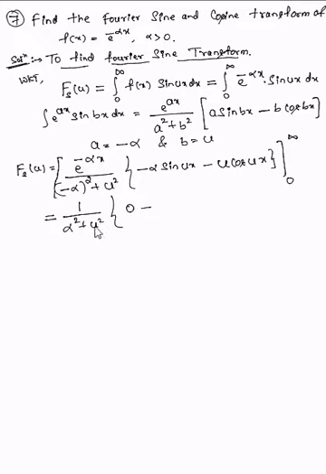Minus. Upper limit was 0 here. Now the lower limit, put x is equal to 0. If I put x is equal to 0 here, it becomes e power 0, and you know e power 0 is 1. So this is 1 into, put x is equal to 0 here, so this becomes sine 0. Sine 0 is 0. So therefore this term becomes 0.